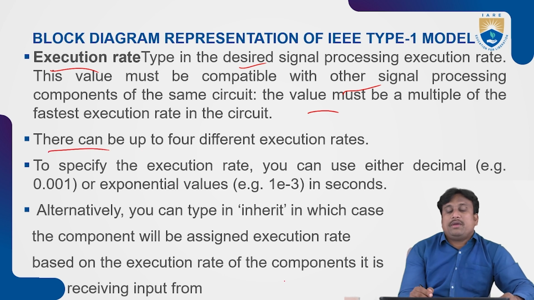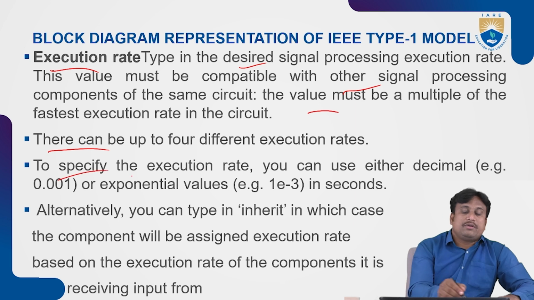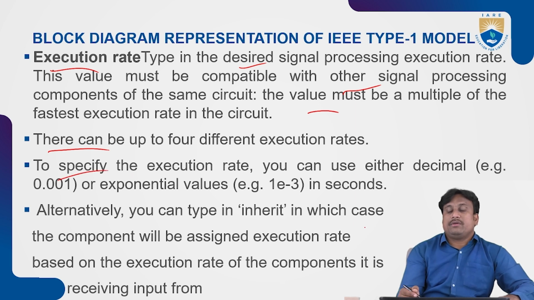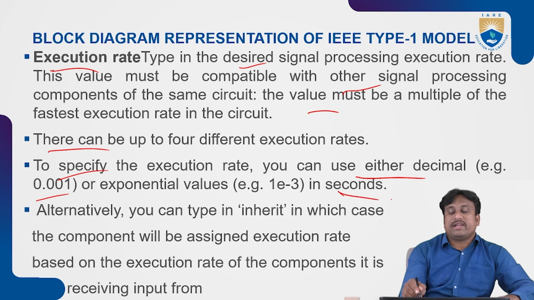There can be up to 4 different execution rates. To specify the execution rate, use either a decimal value such as 0.001, or exponential notation 1e-3, in seconds.